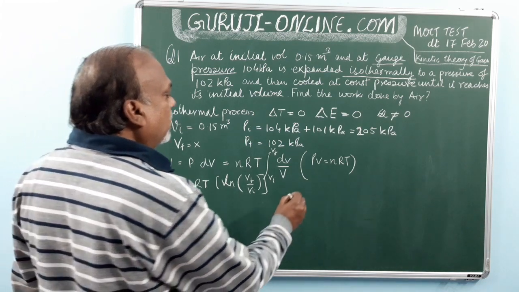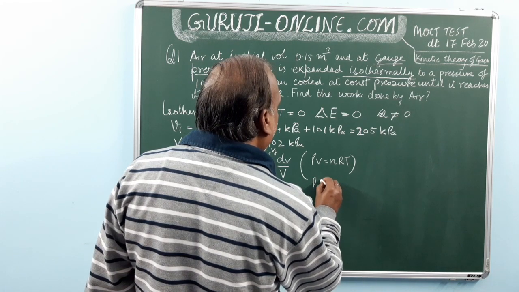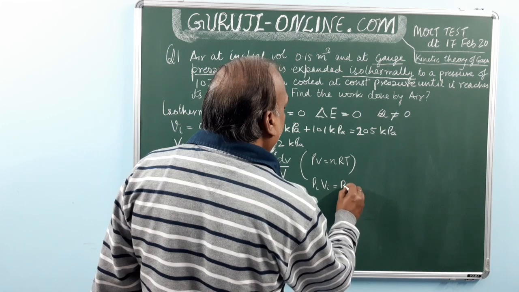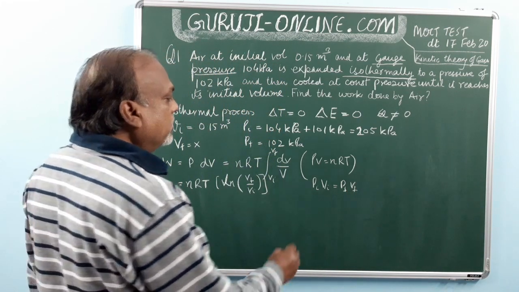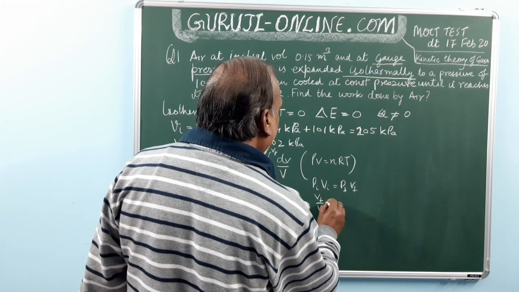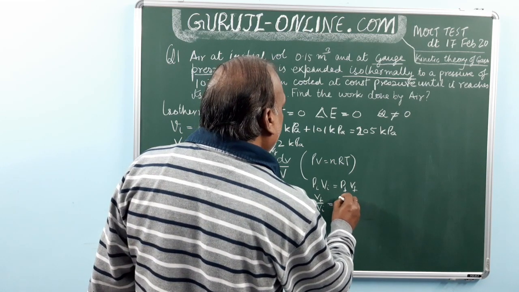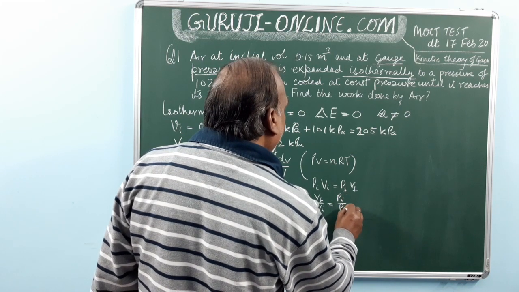We know PI VI is equal to PF VF. So from this, VF upon VI is nothing but your PI upon PF.